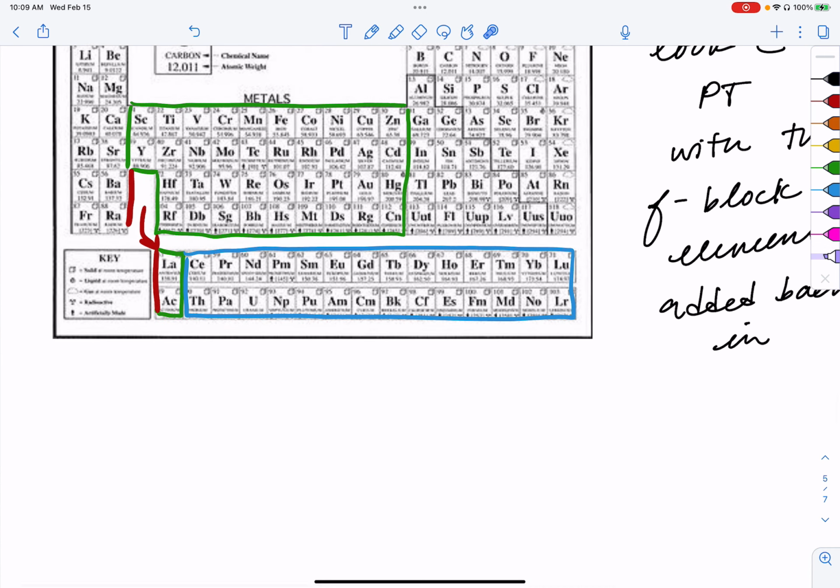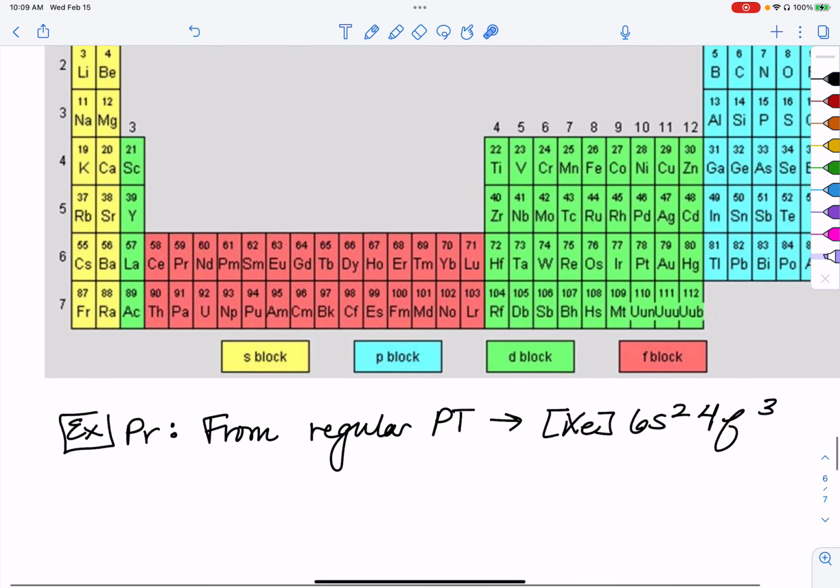So here that would be 6s2. Here we're now officially in the F block, 4f1, 2, 3. That's what we got from our periodic table.